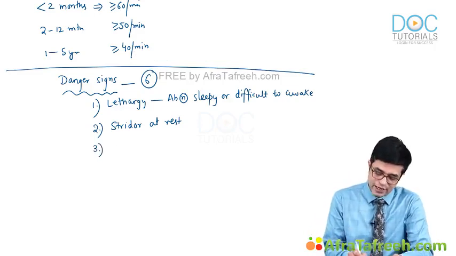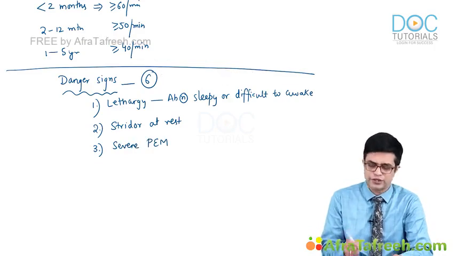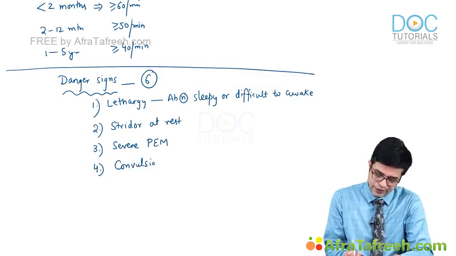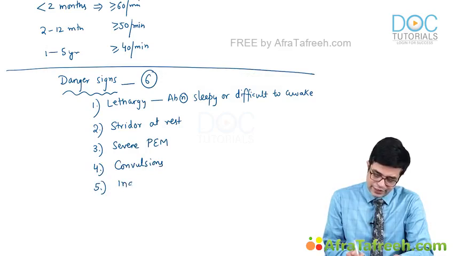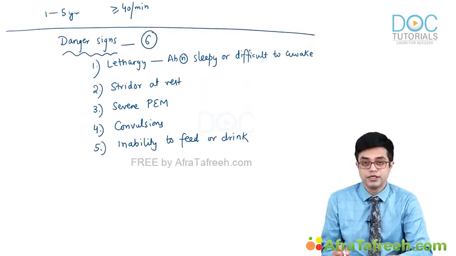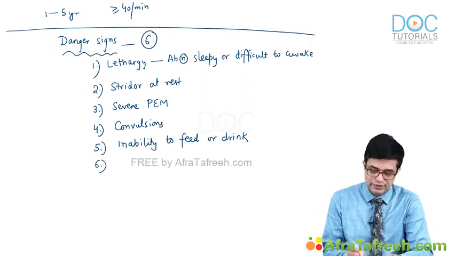Third is severe malnutrition, severe PEM, in short protein energy malnutrition. Fourth, if the child is having convulsions. Fifth, if the child is having inability to feed or drink. There is a possibility the child will develop either hypoglycemia or dehydration, so that will complicate the diagnosis.